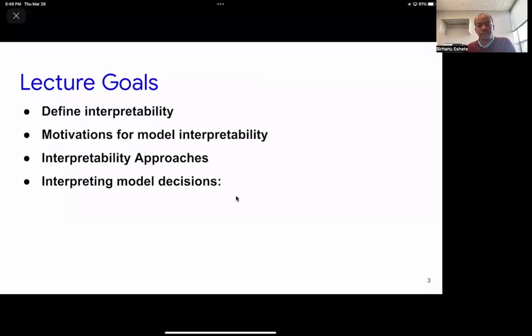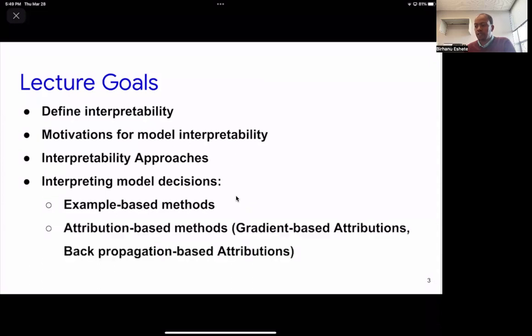So under this topic, we're going to look at two broad categories of interpretation of machine learning decisions, specifically example-based methods. And we'll talk more about attribution-based methods, because as of now, attribution-based methods seem to be the most promising and also the most widely used. And these come in different flavors.